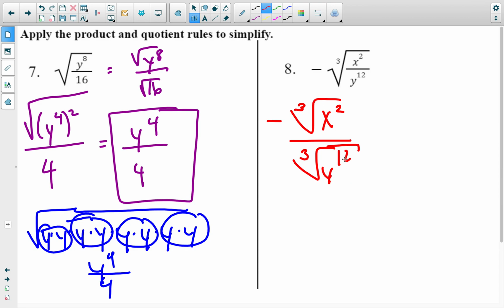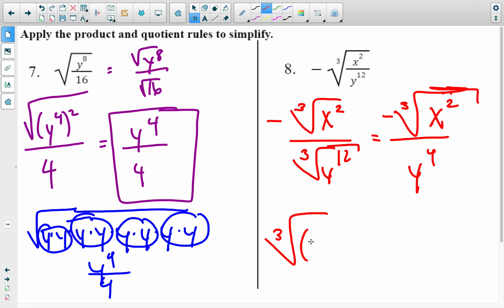Y to the 12th, though, 12 is bigger than 3. So what we can do, we can do 12 divided by 3, and that's going to give us y to the 4th. That's one shortcut as well. Okay. Another way to think about it, cubed root of y to the 4th to the 3rd, right? And then those would cancel, and we're just left with y to the 4th.